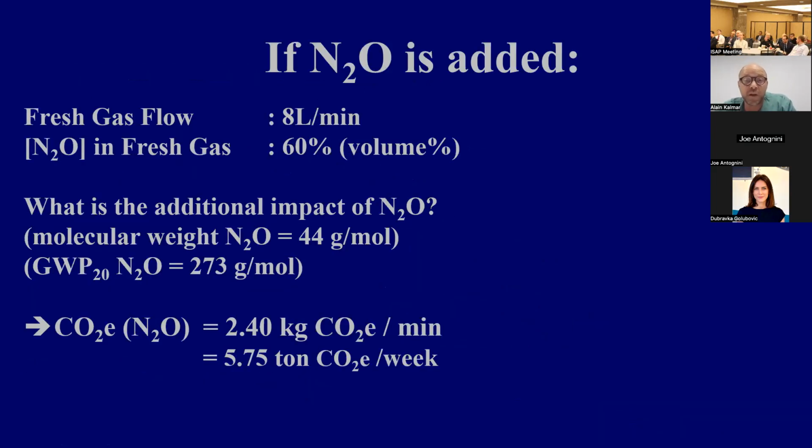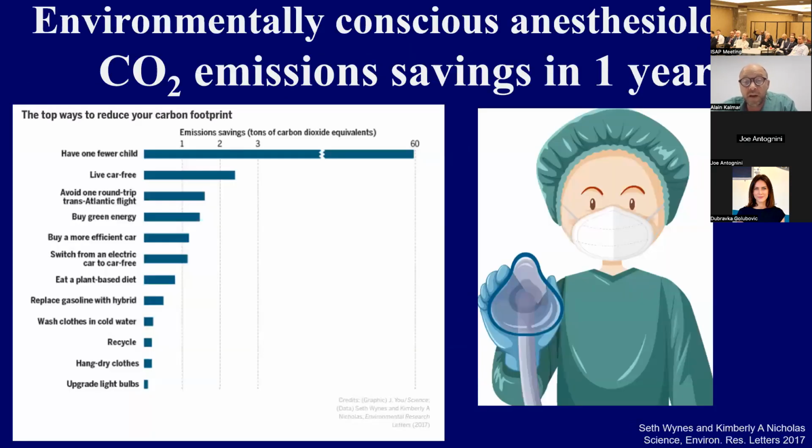If you would add nitrous oxide at 60%, and we do the same calculation, this gives an additional emission of 5.75 tons of CO2 per week. So yeah, these are numbers, but it's not always easy to grasp this. How much is this? So it's useful to compare it to more conventional things that we know from daily practice as citizens.